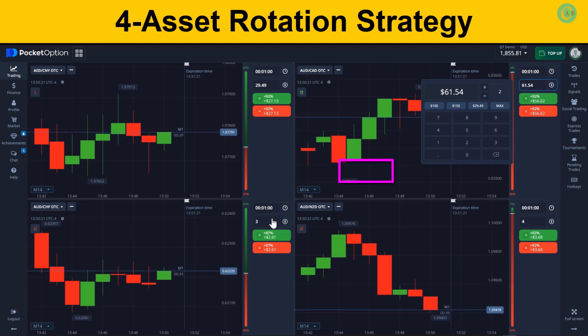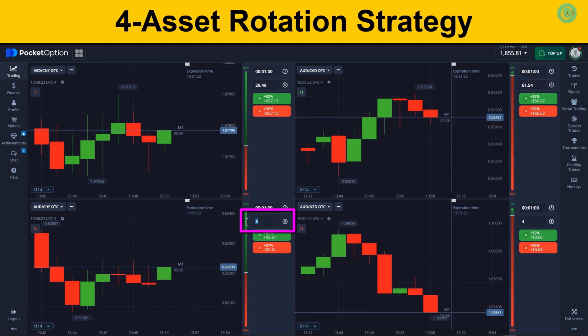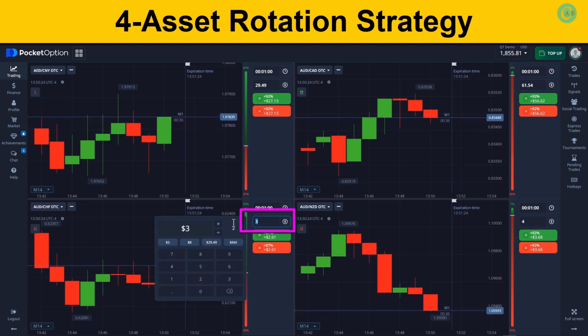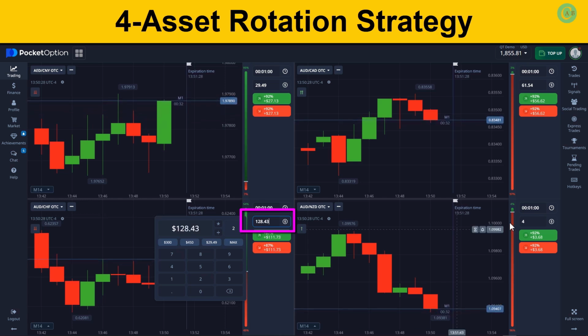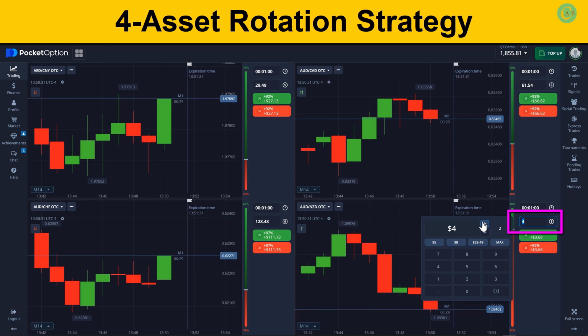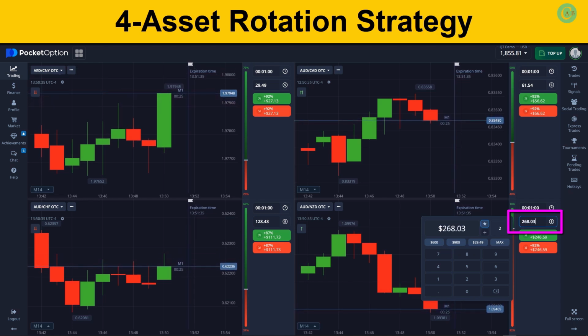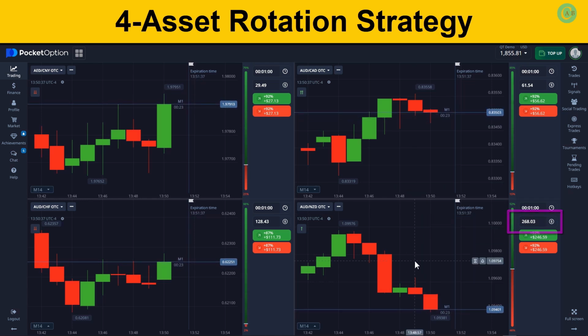Then I'm gonna move to the third chart, where I'm gonna put the third trade amount, which is $128.43. Finally, in the fourth chart, I'm gonna put the last trade amount, which is 268.03. All set for the amounts.